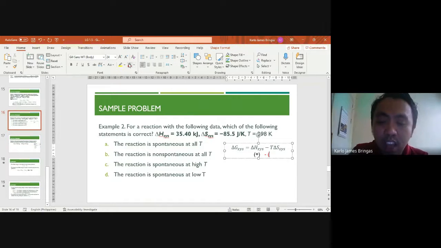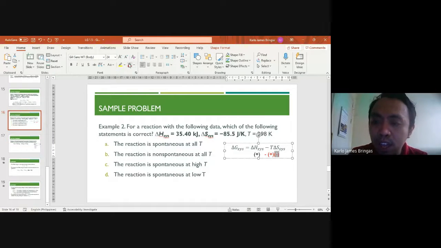Temperature, at least the absolute temperature, is always going to be positive. Celsius and Fahrenheit, pwede sila maging negative. But when we're talking about Kelvin, it's always positive in value. So never do we get a negative Kelvin na temperature. So temperature is positive times the delta S, which is negative.